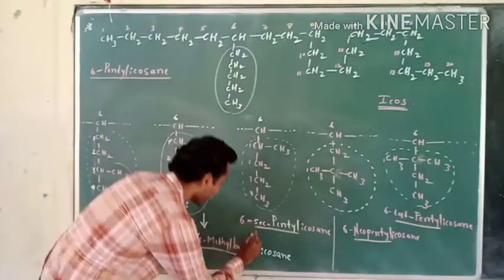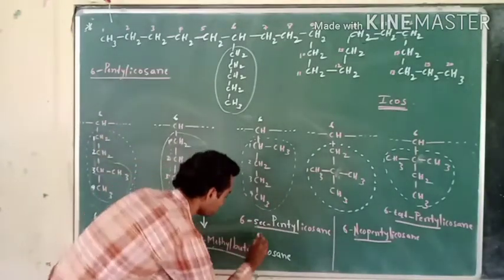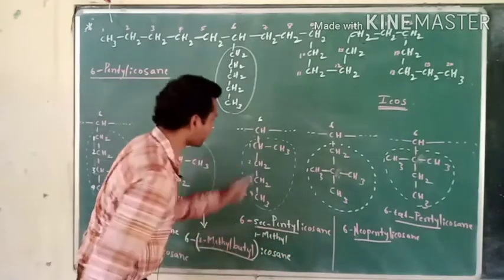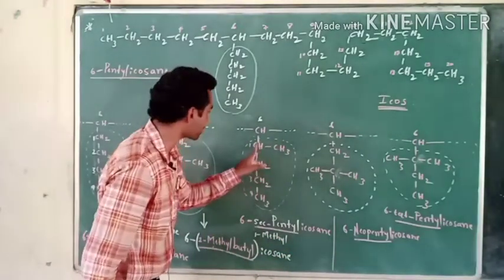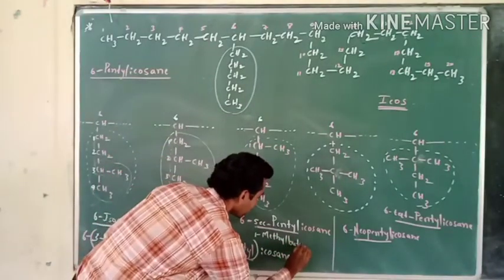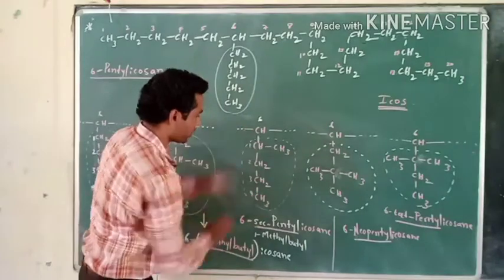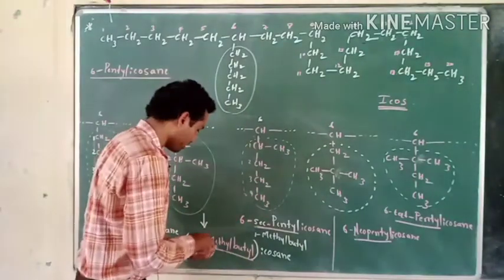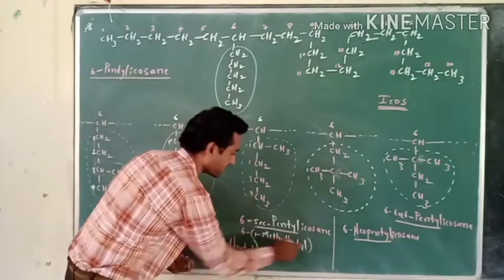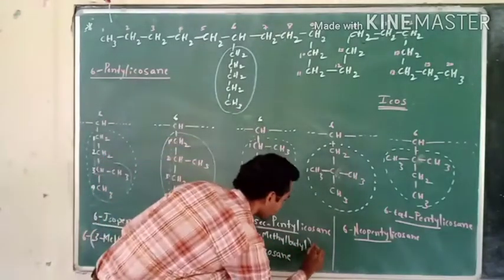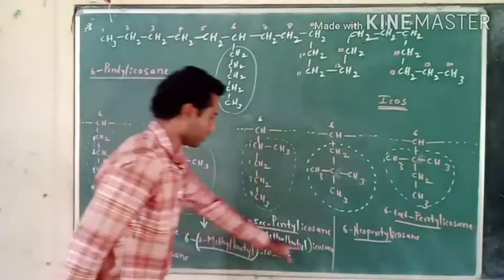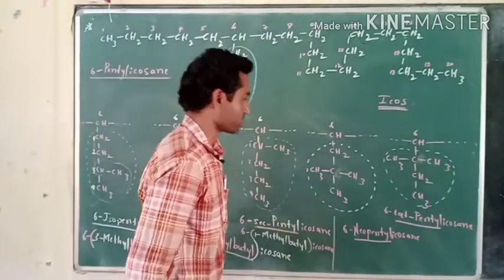So 1-methyl, at the first carbon a methyl group is attached, and butyl is the systematic name of this substituent. To which carbon is it attached? At the 6th carbon it is attached. Within the parenthesis I have to write this. And icosane is the root word and primary suffix.